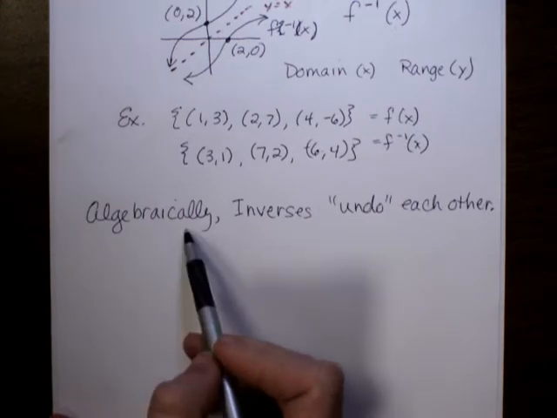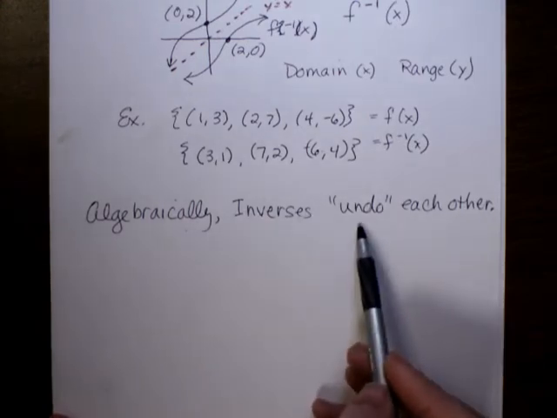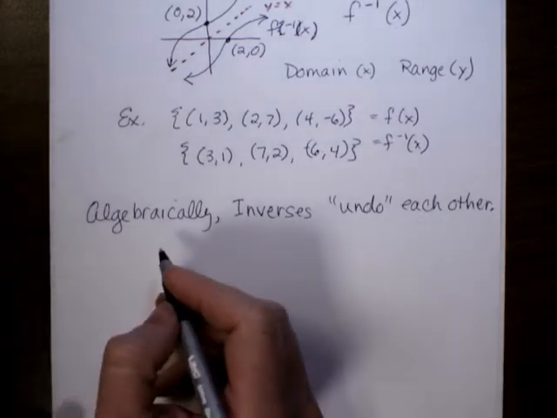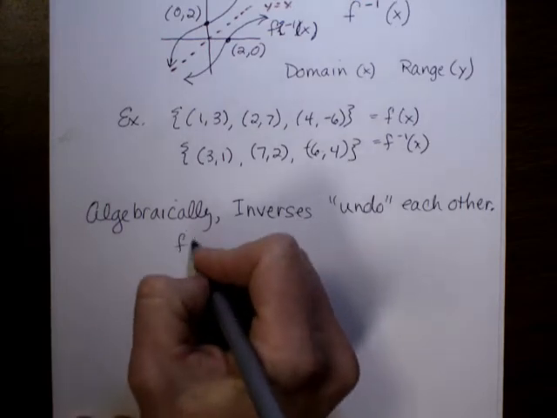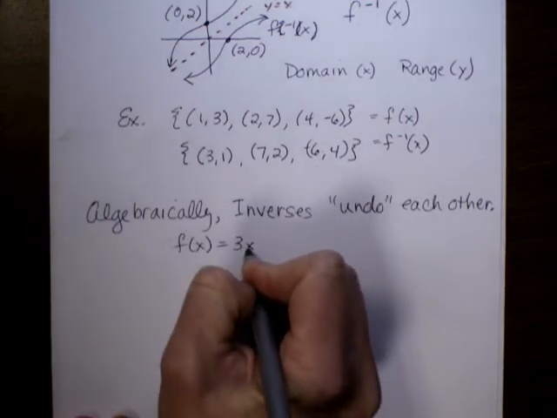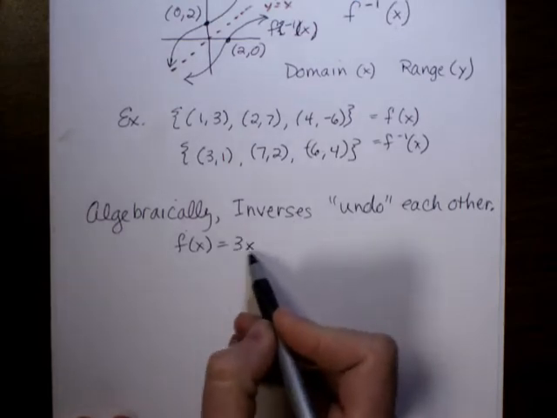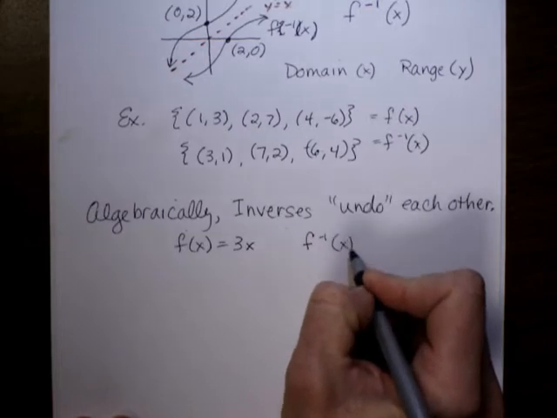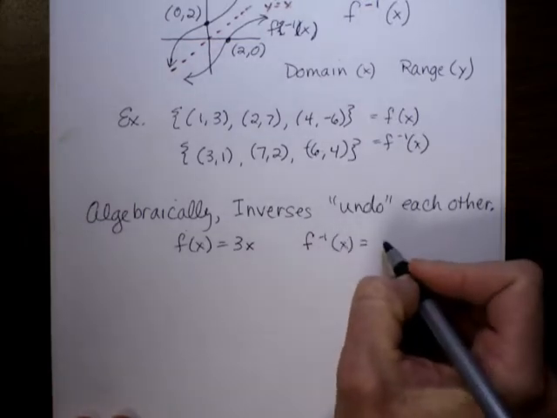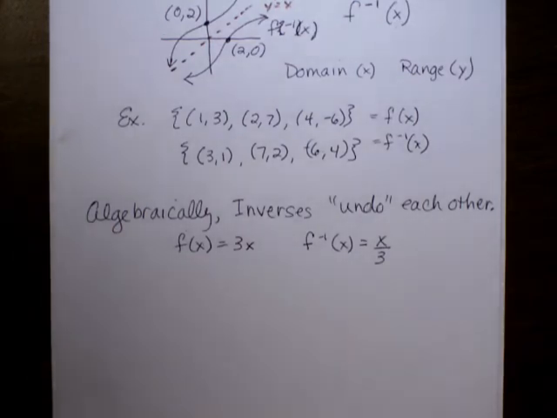Algebraically speaking, what we see is that inverse functions undo each other. For example, if I had a function that was represented by 3 times x, when I think about the inverse operation, this is a multiplication, the inverse operation would be division, and so my inverse function would be represented by x divided by 3.